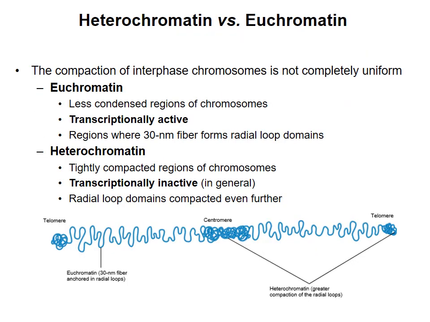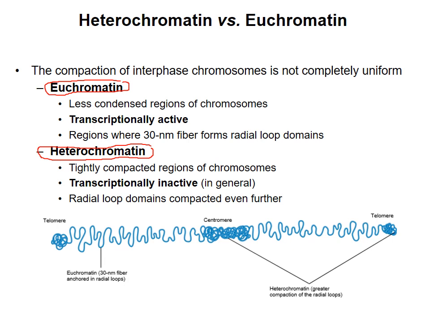All right, now as we see the MARs and the SARs interacting with the nuclear lamina and coiling up, as the radial loops start to form, you basically get two versions of the compaction. You can have euchromatin and heterochromatin. Well, what's the difference?